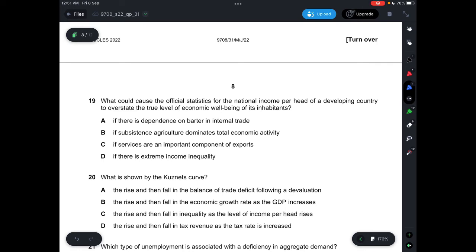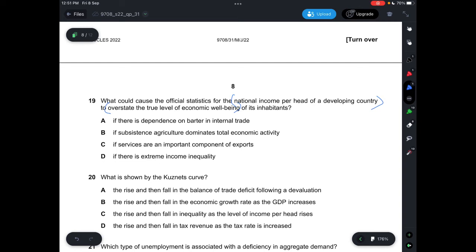Question 19, what could cause the official statistics for the national income per head of a developing country to overstate the true level of economic well-being of its inhabitants? Okay, so overstate the true level of economic well-being, basically standards of living, and then national income per head of a developing country. So for 19, let's look at four options here.